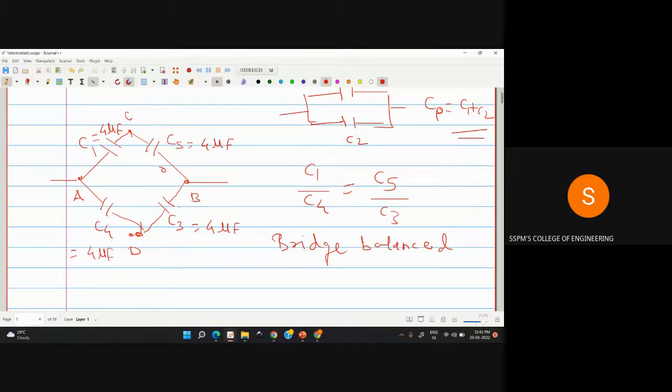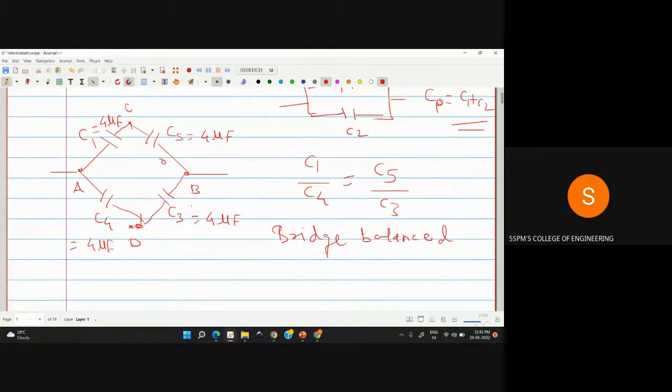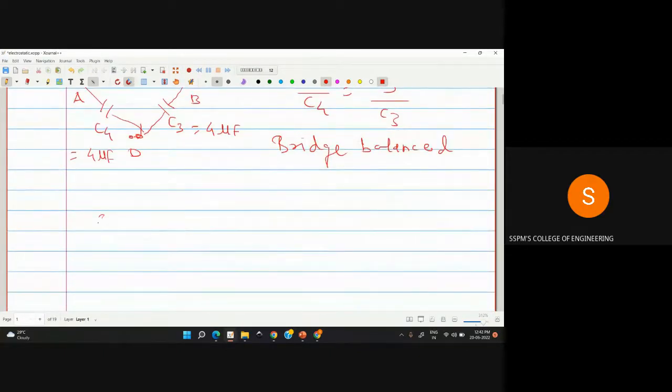आता बघा सर्किट सिंपल झालं. आता C1 आणि C5 हे सिरीज मध्ये आहेत. C4 and C3 are in series and these two series combinations are in parallel. So find out first series combination of C1 and C5. CS1 काय येणार?